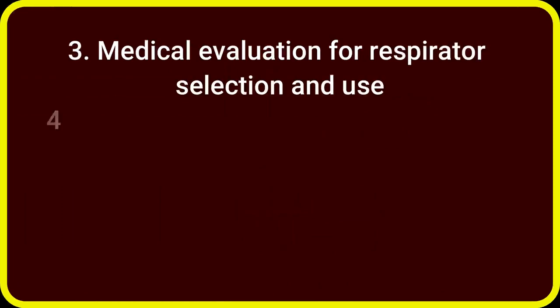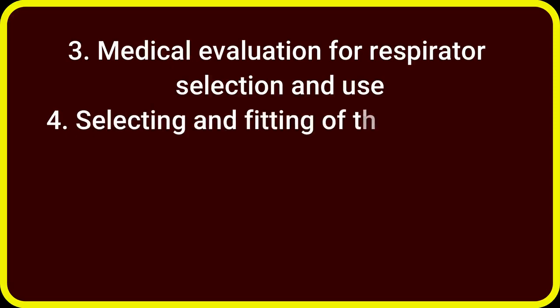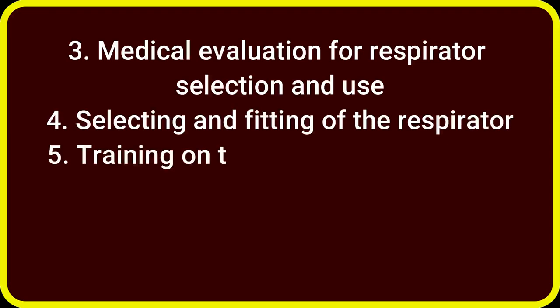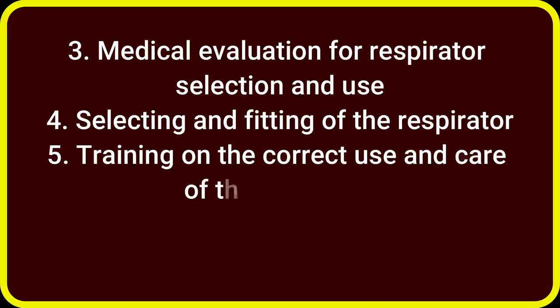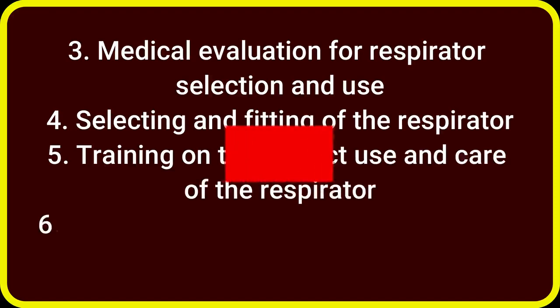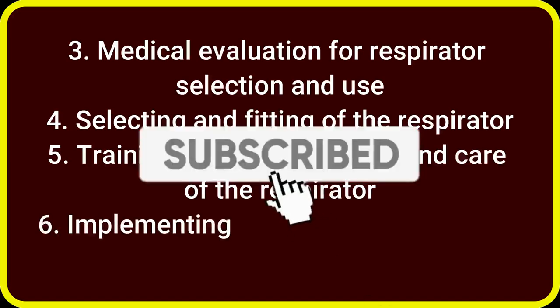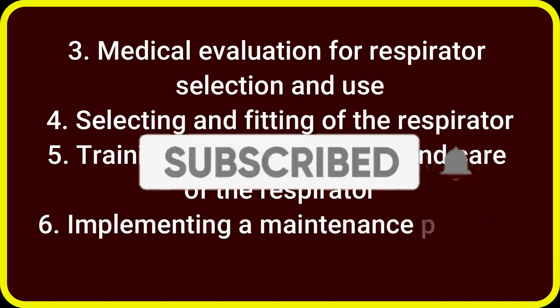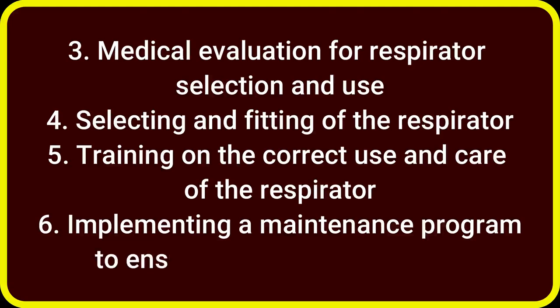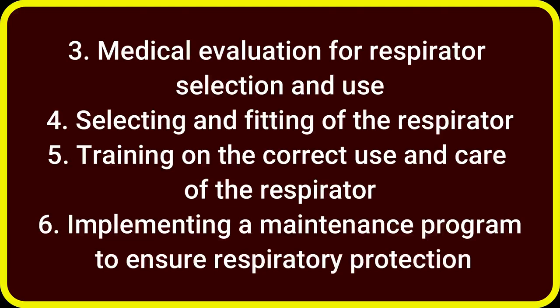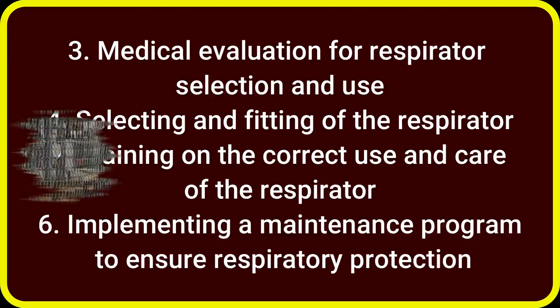Number 4, selecting and fitting of the respirator. Number 5, training on the correct use and care of the respirator. And number 6, implementing a maintenance program to ensure respiratory protection. Only 6 points, but these are enough to cover a respiratory protection program that must be effective and workable.